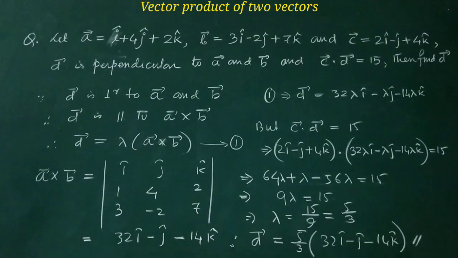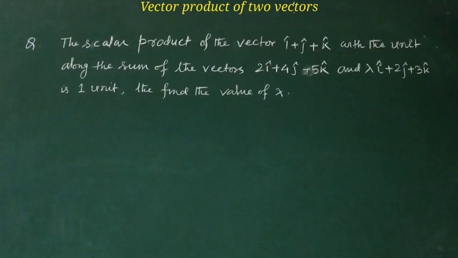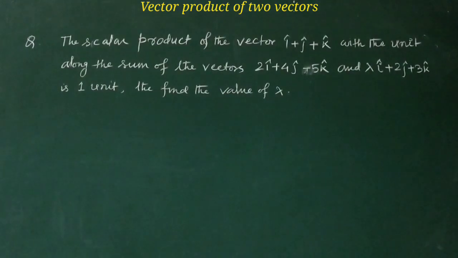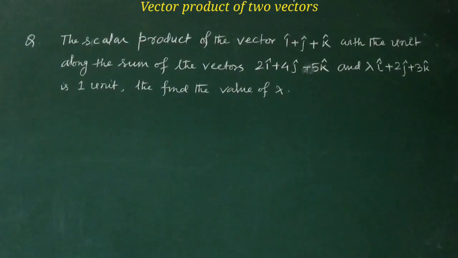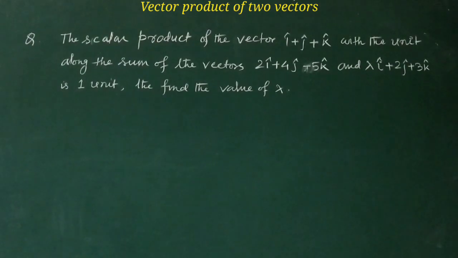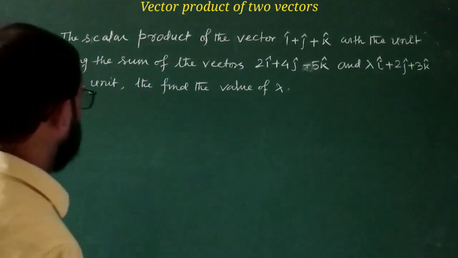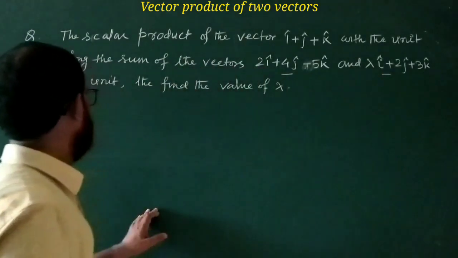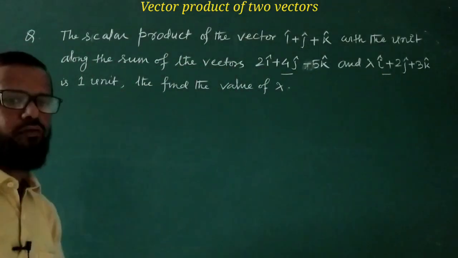Okay, now this is the question. You see the scalar product of the vector I cap plus j cap plus k cap with the unit vector along the sum of the two vectors is 1. Then find the value of lambda.